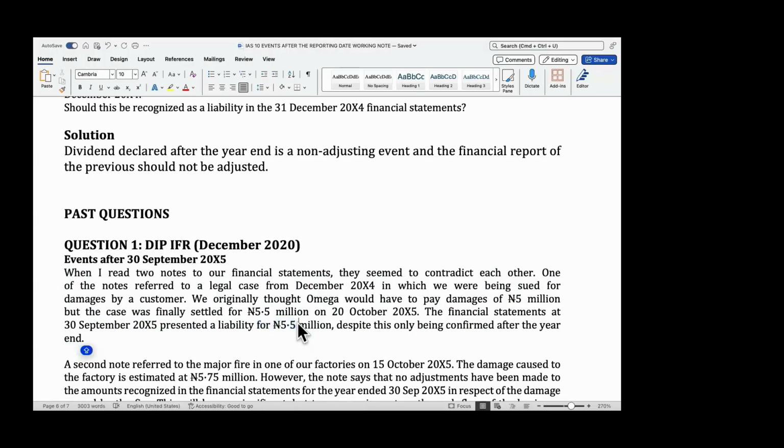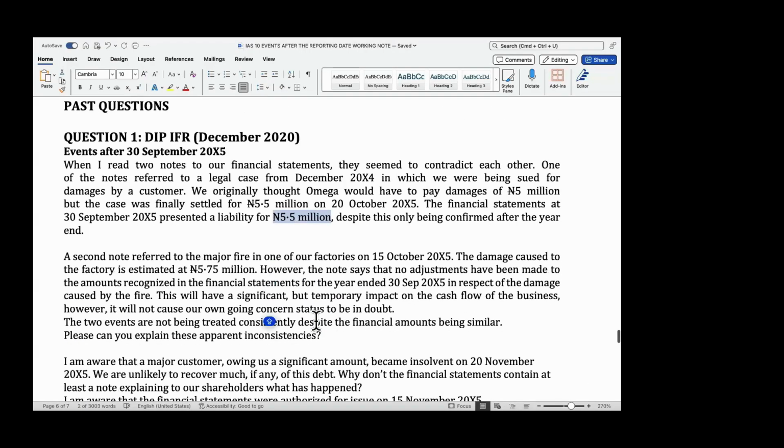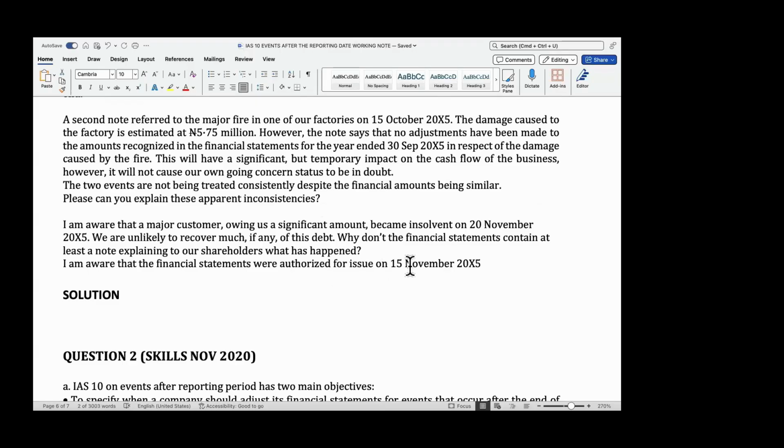All they had done was adjust their report for the prior year because of the settlement of a court case after the year end, but before the financial statement was authorized for issue. Thankfully, the report was authorized for issue in November.